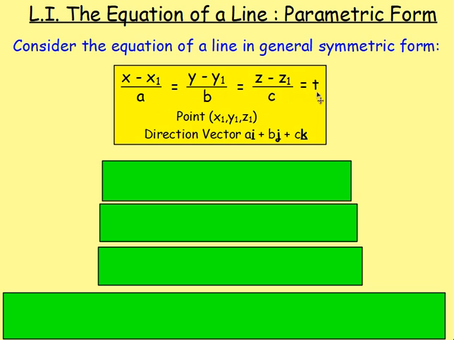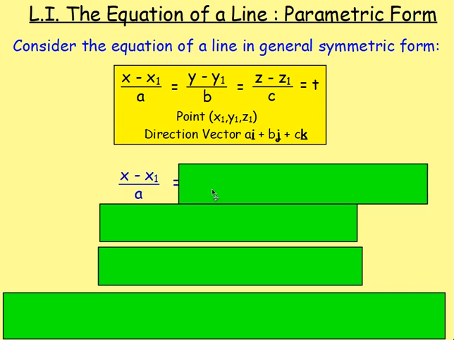And they were all equal, and they were equal to some scalar parameter, t. x, y, and z stayed as x, y, z, but x1, y1, and z1 were the coordinates of the point, and a, b, and c were the components of a vector, which was in the direction of the line. If we have then the x take away x1 over a, well, we know that's equal to t.